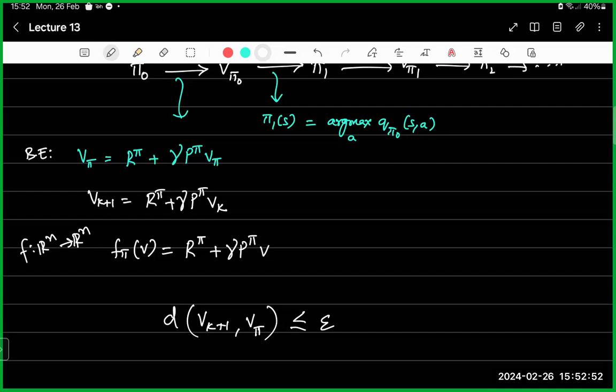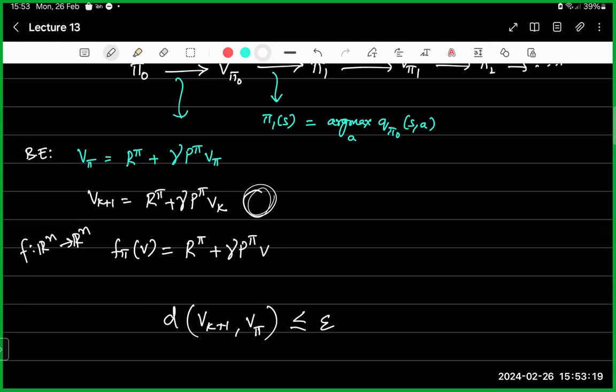For what value of k will this hold true? I'll pick some epsilon, let's say 10 power minus 3. How many times should I run this iteration so that my V k is 10 power minus 3 close to V pi? That's the question we are trying to understand in this class.